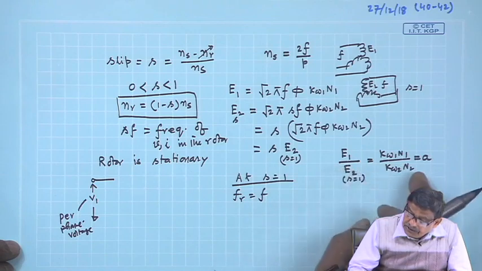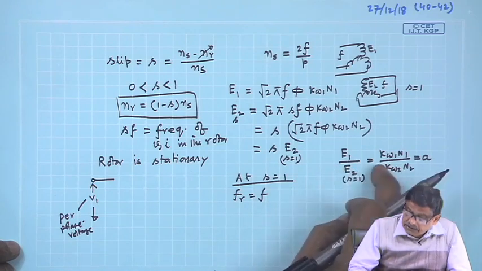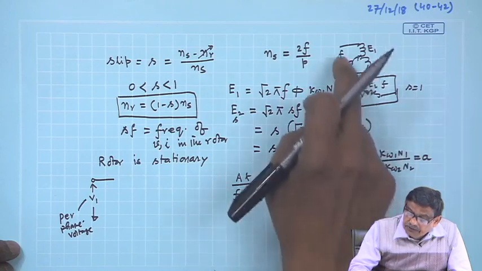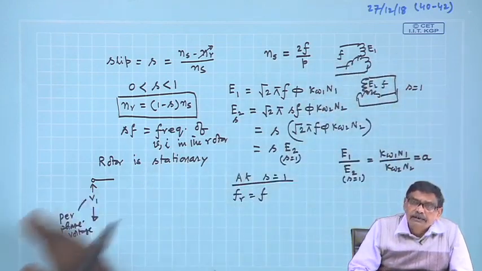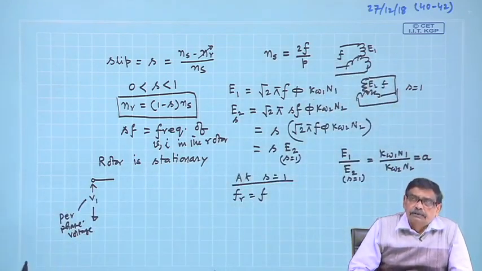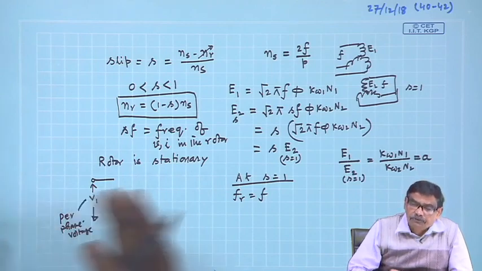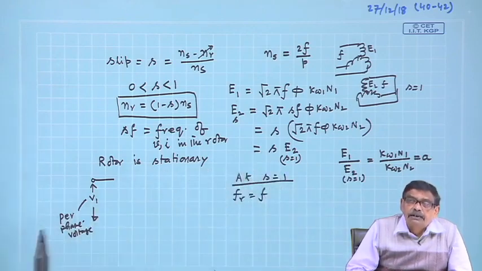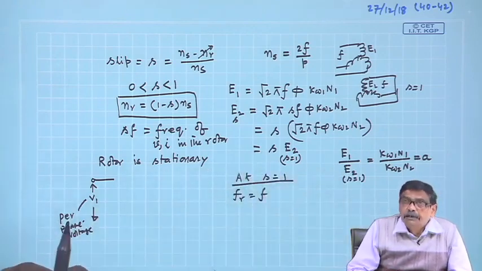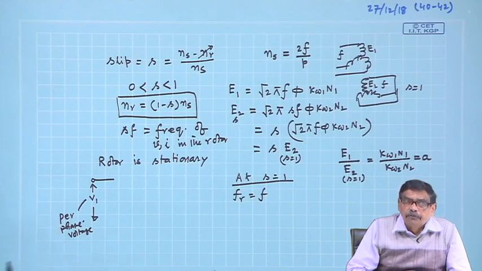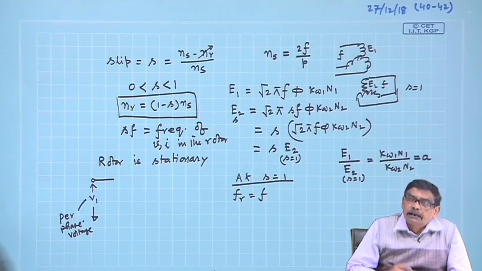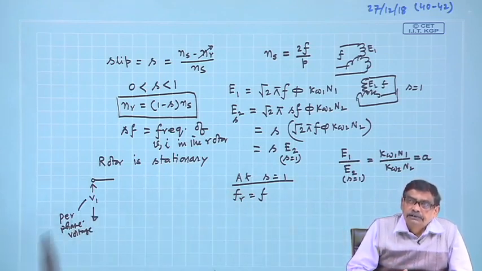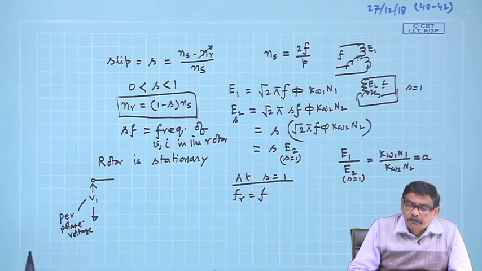This ratio is a constant, stator turns to rotor turns, and the frequency is the same. It will never run as a motor if you maintain S equal to 1, but will behave like a transformer, which changes one voltage to another level without changing the frequency. Frequency remains the same on both primary and secondary.